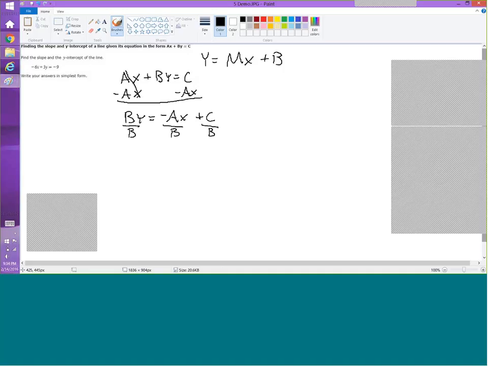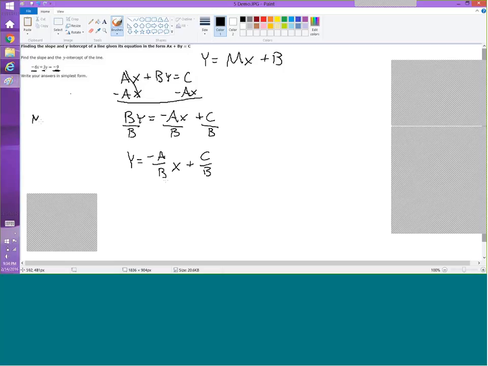And I'm going to get left with y equals -a over b times x plus c over b. And if I recognize that with my ax plus by equals c, my a is the number being multiplied times x, my b is the number being multiplied times y, and my c is the number over here on the right completely by itself. So the slope is the number being multiplied times x, which is -a over b.